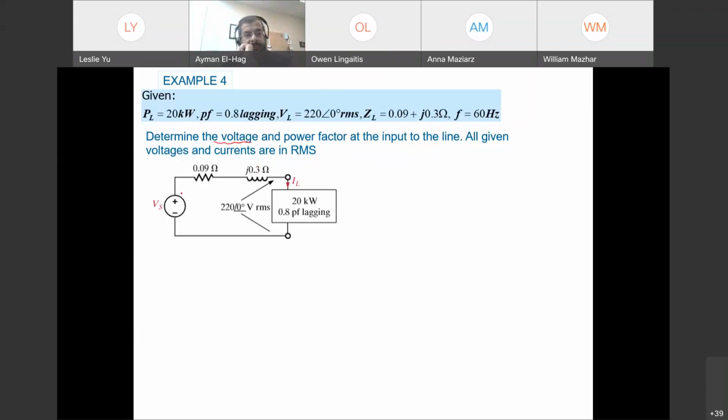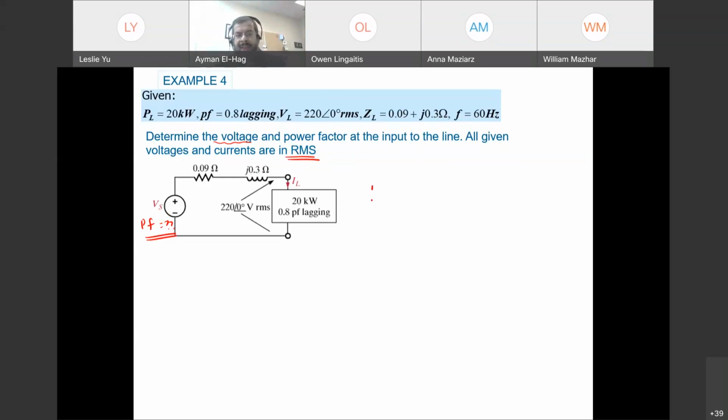Here, I want to find what is V and what is the power factor here. Okay, and here all the values are in RMS. I will make sure to write this statement in the exam so you are not confused. Every time in a power question, it is actually an RMS value.